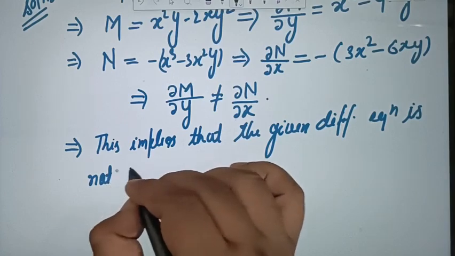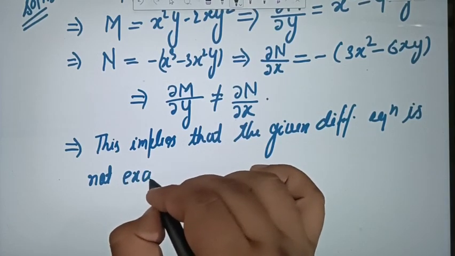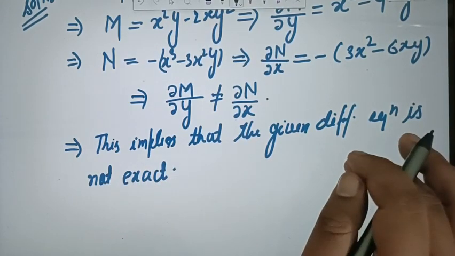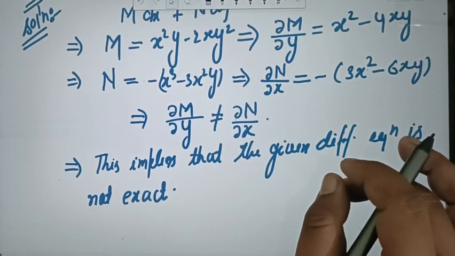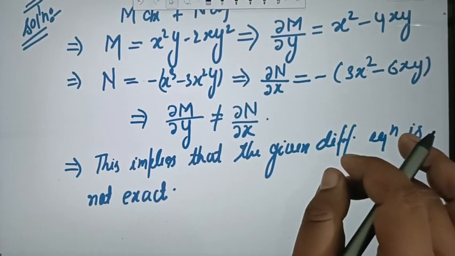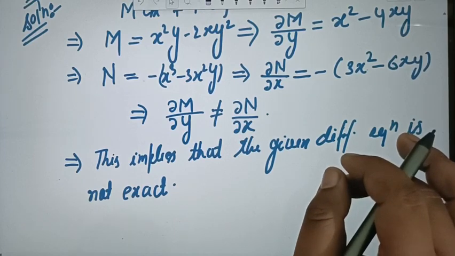If it is not exact, then what about the integrating factor? Because every differential equation of this format has an integrating factor, then we need to find the integrating factor.